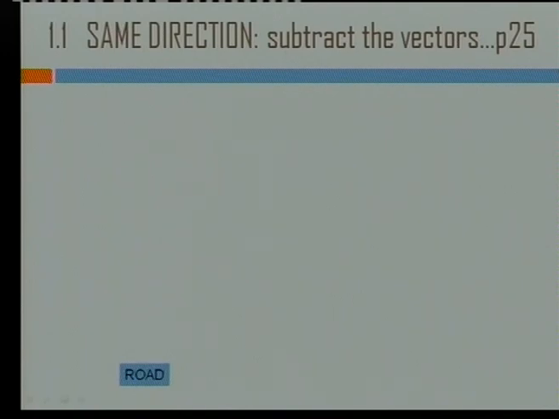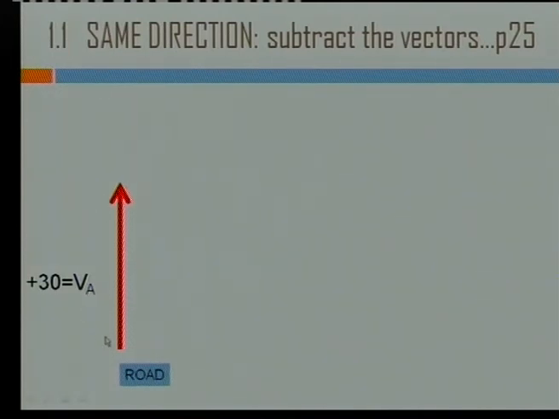Okay, so now we are on page 25. We are going to do the vectors in the same direction, relative velocity. Let's look at 1.1. I don't have the question right in front of me now, but I do remember it. It says that you have a vector VA, vector A, and it is due north at 30 meters per second.